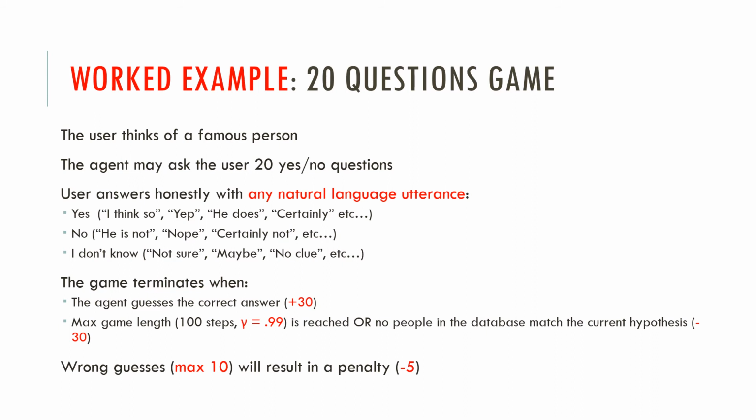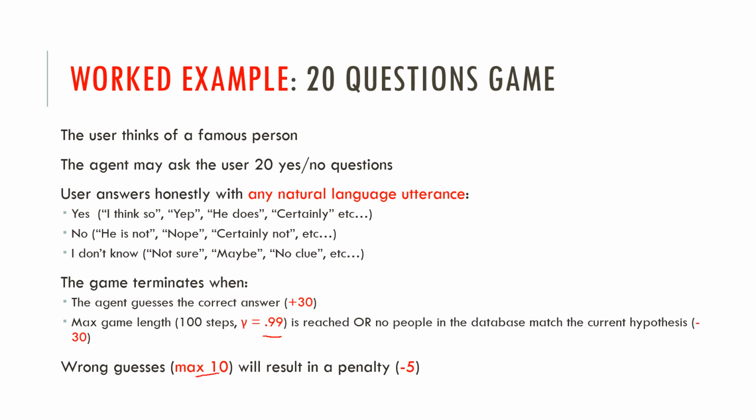The game terminates when the agent guesses the correct answer, in which case the agent will receive plus 30 reward. It also ends, in this case it's a loss, if the max game length of 100 steps is reached, or nobody in the database matches the current hypothesis. This will result in minus 30 reward.